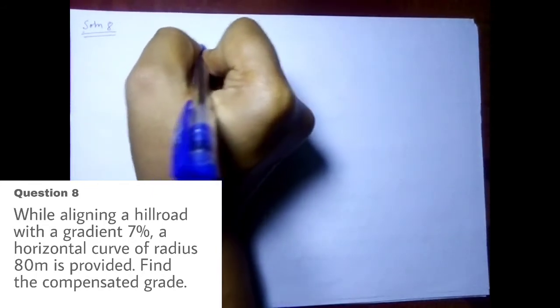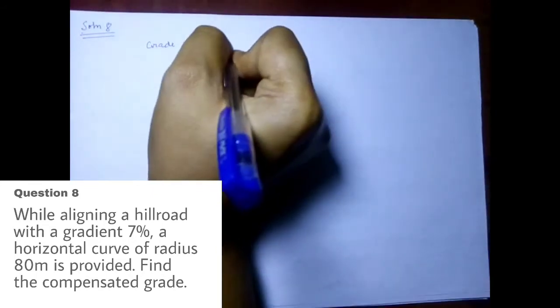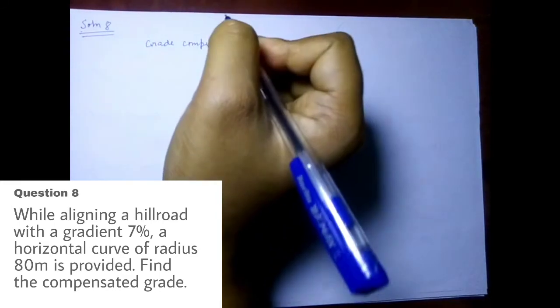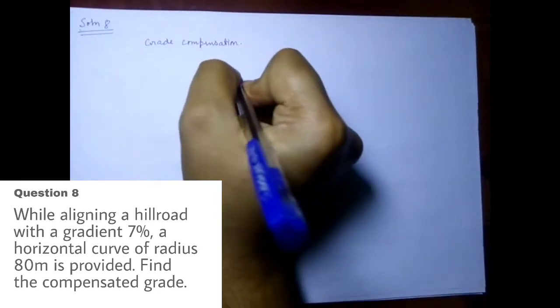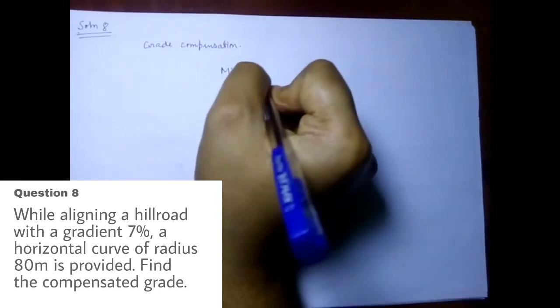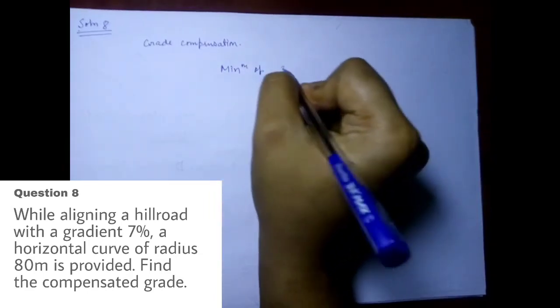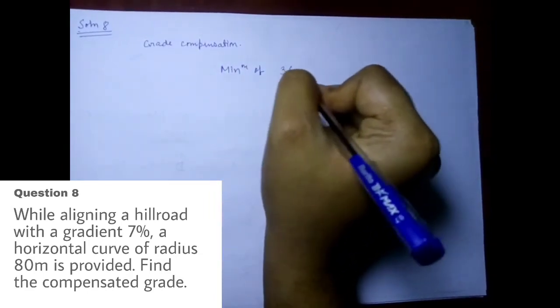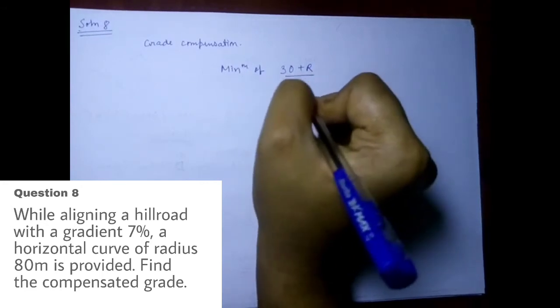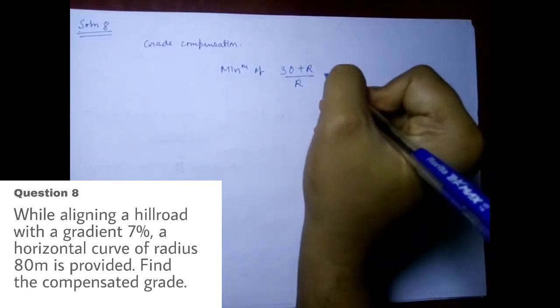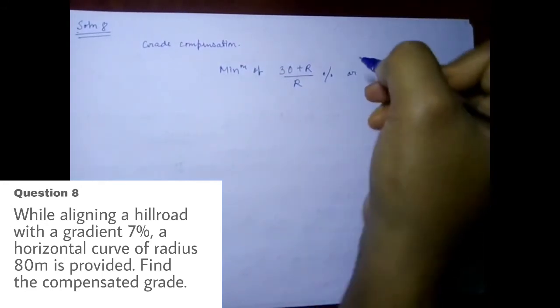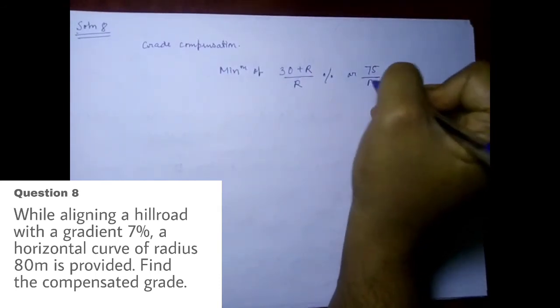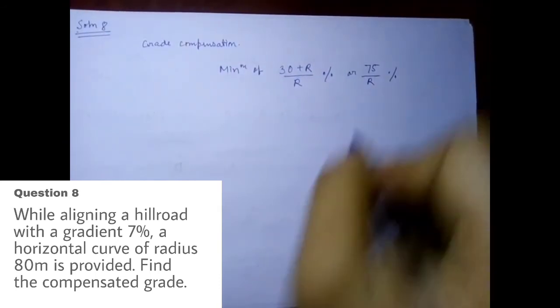Grade compensation is minimum of 30 plus R by R in percentage, or 75 upon R percentage.